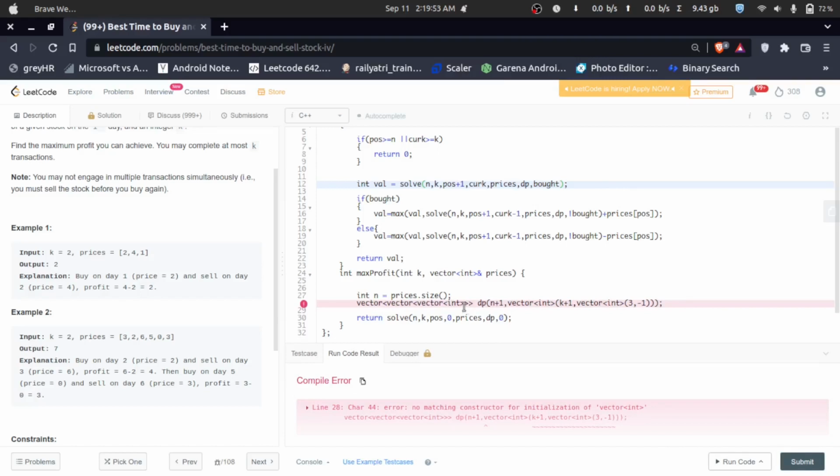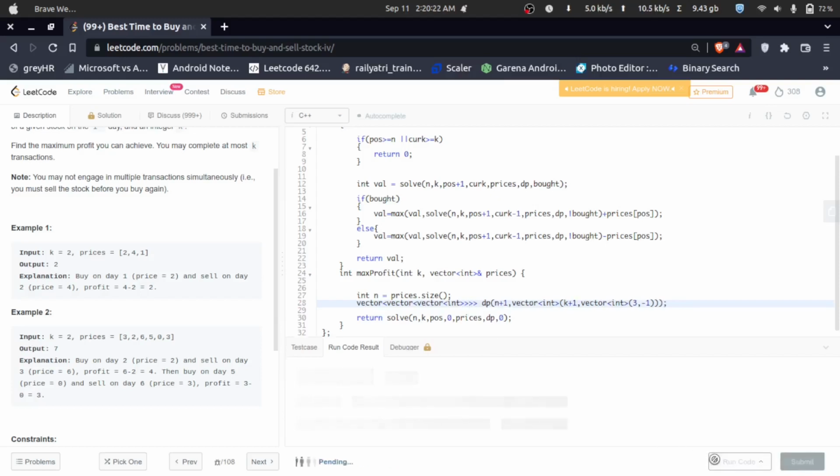Vector of integer, okay, I'll have to send that as a vector of integer, initial as a no matching constructor, okay, what will I do that, vector of vector, that one, maybe extra one, maybe, hold on, I'll have to check that.